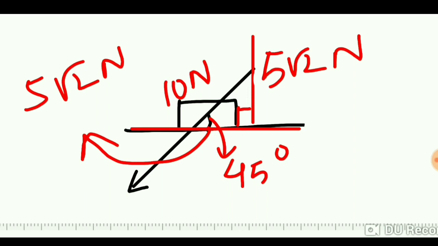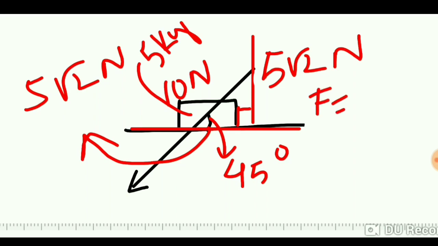Now let's make it a bit more interesting. Let's say you knew the mass of the object. Let's say it was 5 kgs. Now you want to know with what acceleration it would go. That's easy. We all know that F equals mass into acceleration.